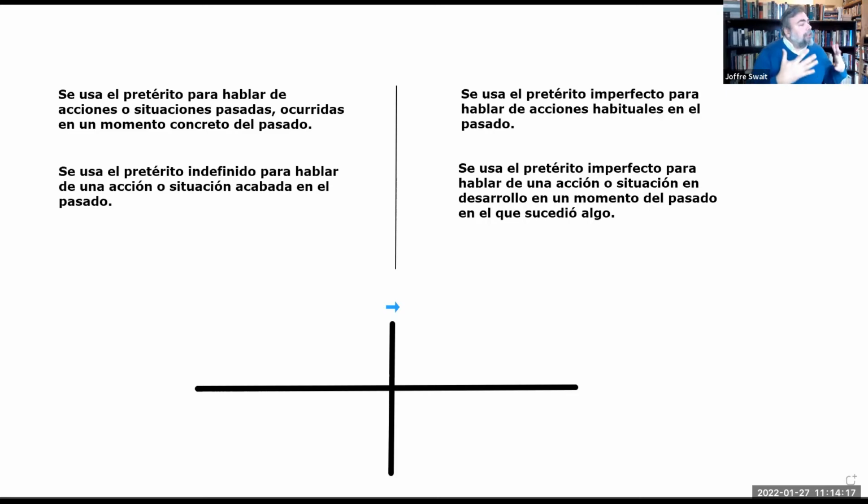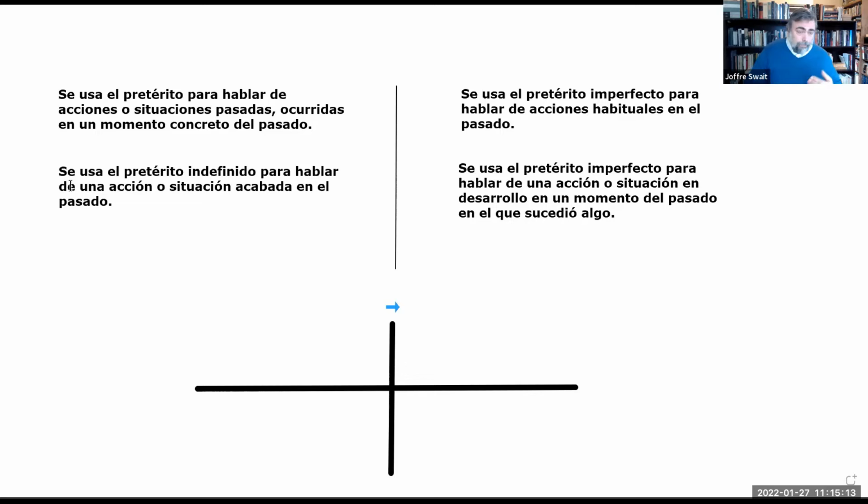Nosotros ya sabemos, we already know, ya sabemos cómo utilizar el pretérito. Pero vamos a pensar sobre el pretérito primero para después entender el imperfecto.